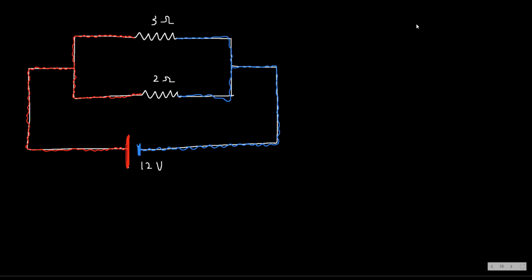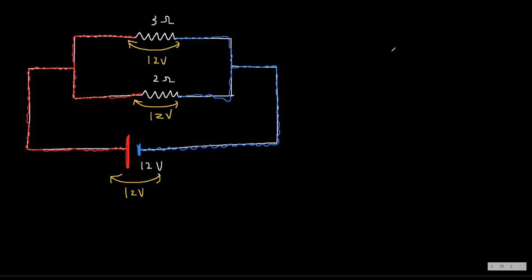What is the potential difference between red and blue? 12 volt. Then what is the potential difference across the 3 ohm? 12 volt. What is the potential difference across the 2 ohm? 12 volt.